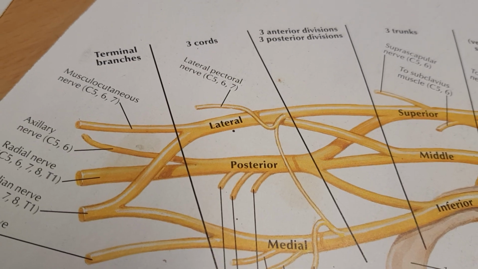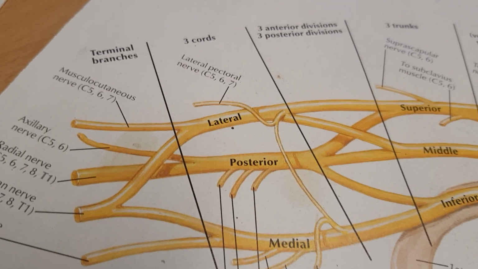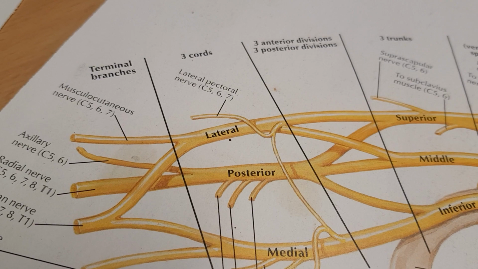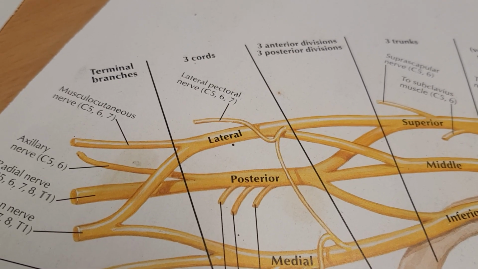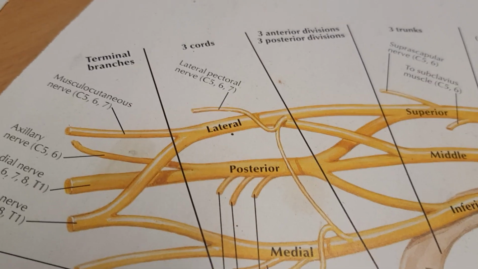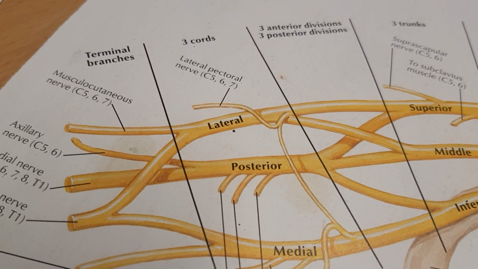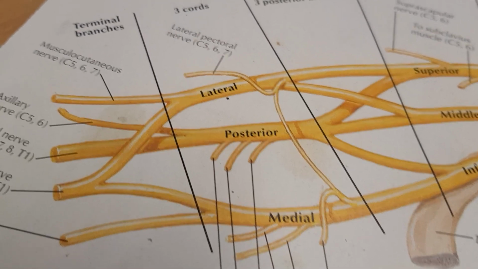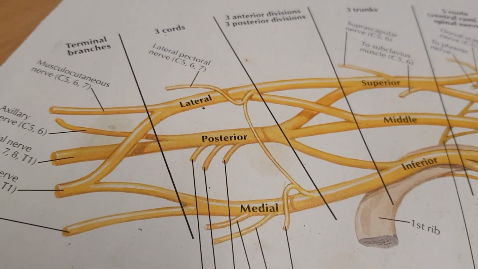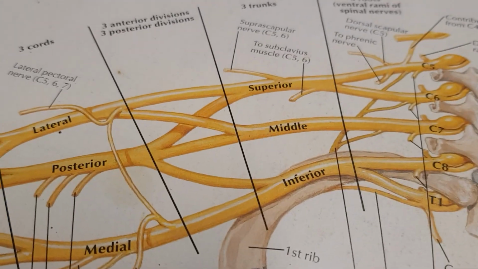If you follow it like that, but since this picture is not 3-dimensional, these ones are mainly posterior, and these are mainly anterior. That's why we have anterior divisions. So from the divisions, we don't have branches that will supply muscles.